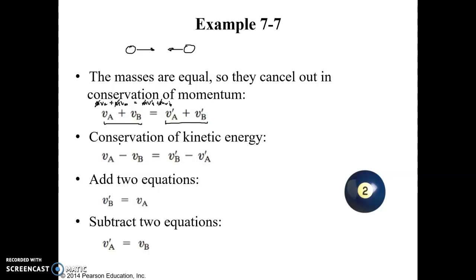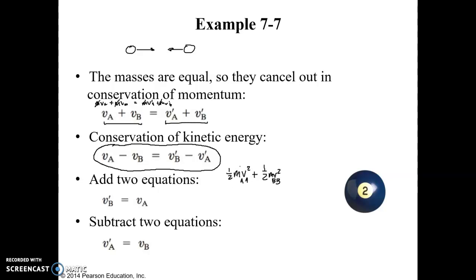So we also have to look at the conservation of kinetic energy. This is equation 7.7 in the textbook. You can look in the book to see how it is derived, but it basically comes from the conservation of kinetic energy. One half m v squared for object A plus one half m v squared for object B before the collision is equal to the sum of their kinetic energies after the collision.